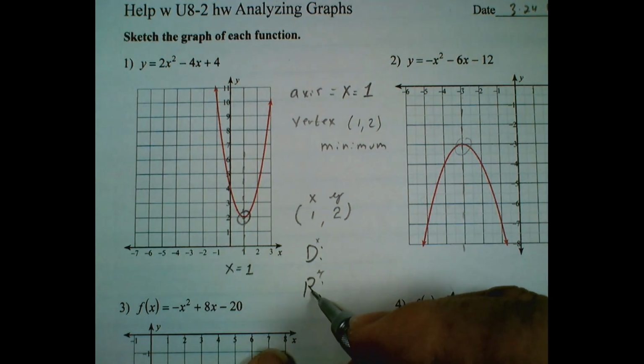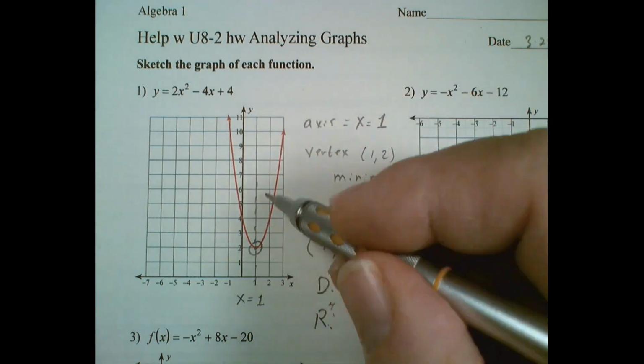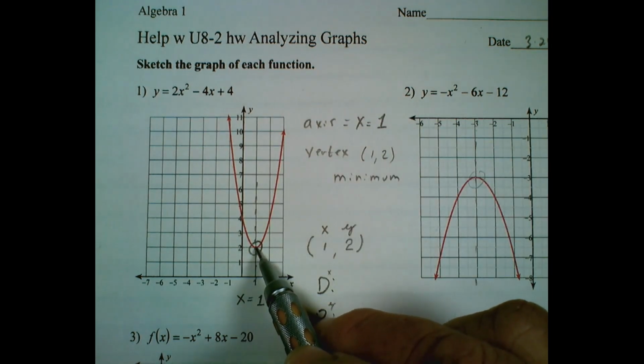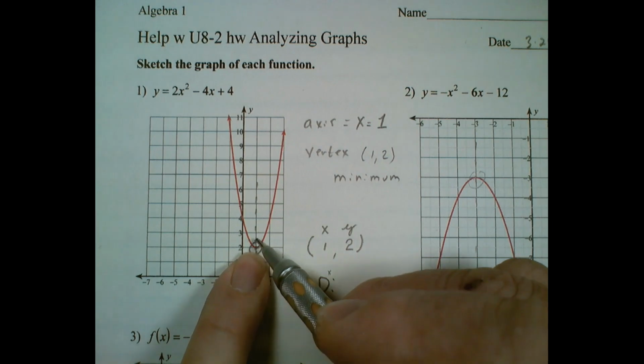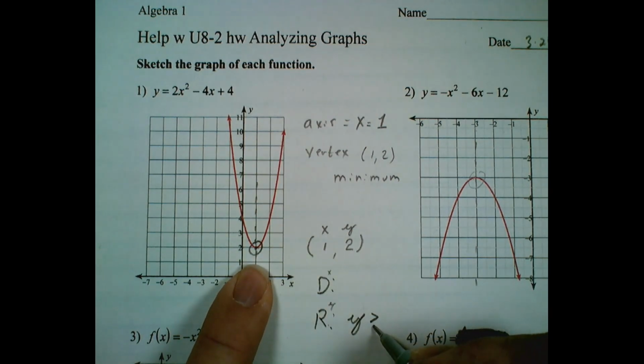For range, think rangy, so that's to do with the y's. So how far up and down does this go? Well, it has absolute minimum at y equals 2, but it goes up. So we can say our range is y is greater than or equal to 2.